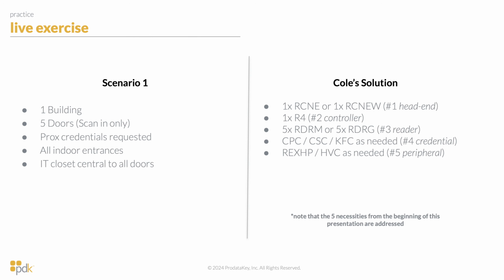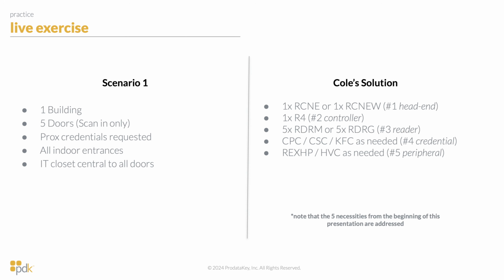Then we have our credentials. We have a lot of options to choose from here. The ones I opted for are either the CPC, which are the printable credentials, the CSC, which are the clamshell credentials, and the KFC, which is the key fob credential. So that will cover number 4, which is our credential.